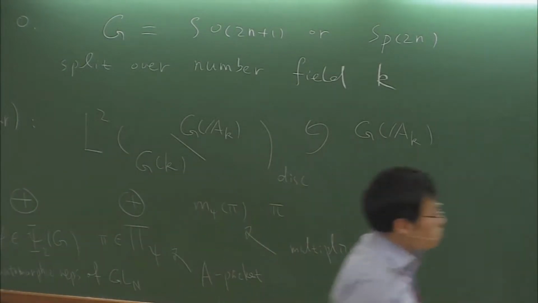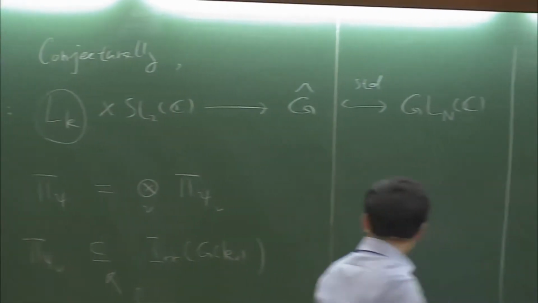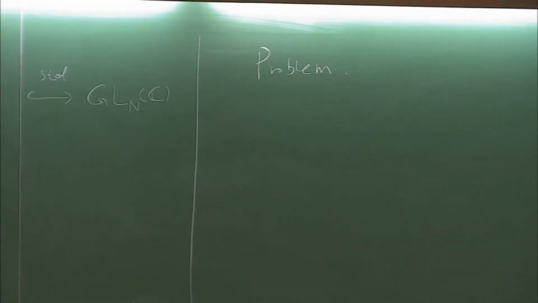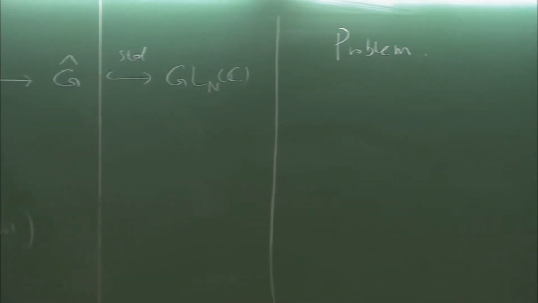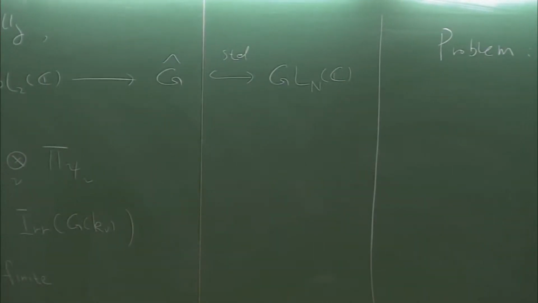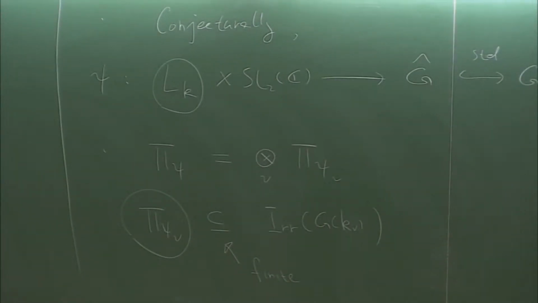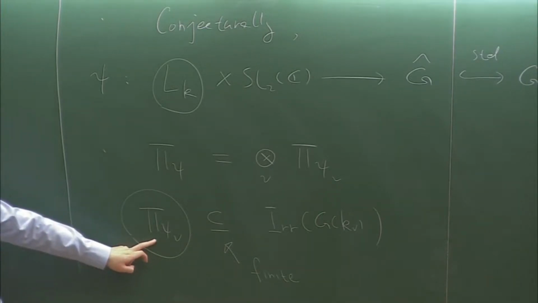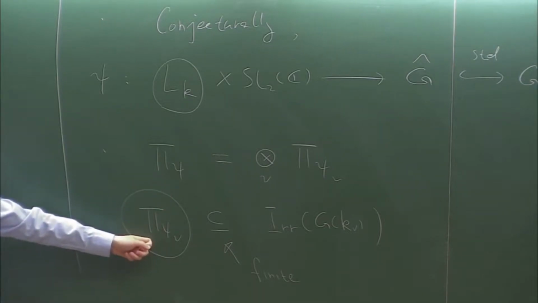So what is our problem? Our problem here is to describe these local packets. We would like to know what are the representations inside these packets. So, for example, in this spectrum all the representations are going to be unitary. So in particular, here we'll only be considering the unitary representations. Moreover, the A packet will actually contain something very special.